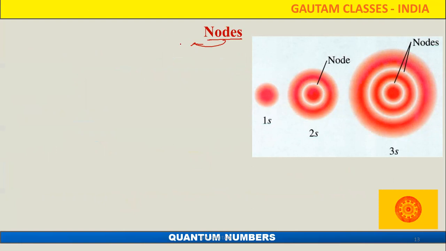Where the probability of finding the electron is zero is called a node.